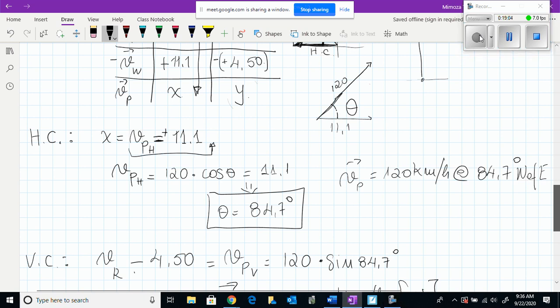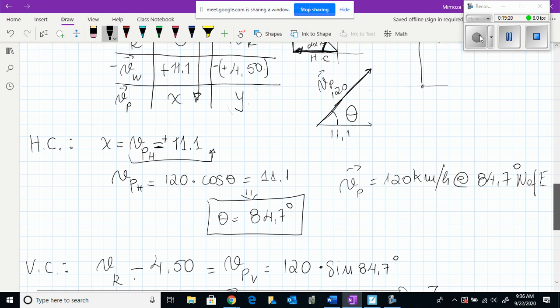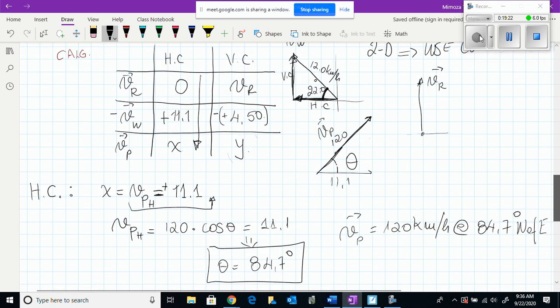Now, why am I thinking that this will be the way that the velocity of the plane will be, not in the southeast quadrant? It's because when we are drawing the vector diagram, knowing that the velocity of the plane is the resultant velocity minus the velocity of the wind, the graphical representation will be something like this.